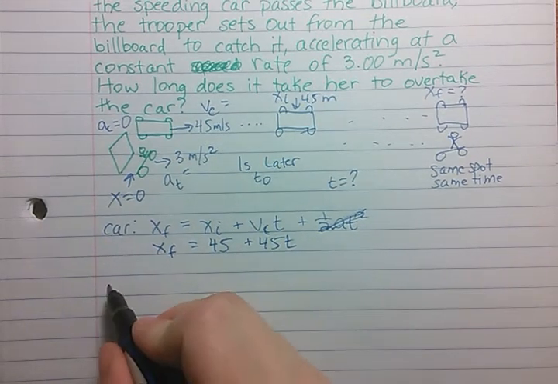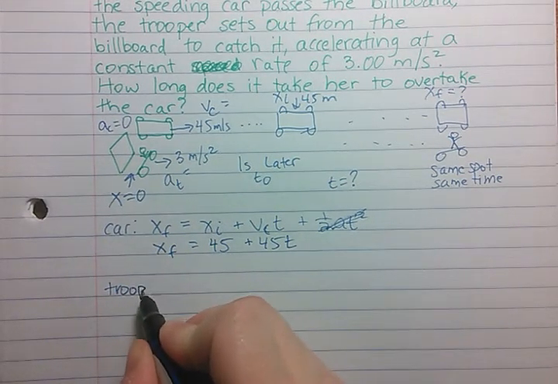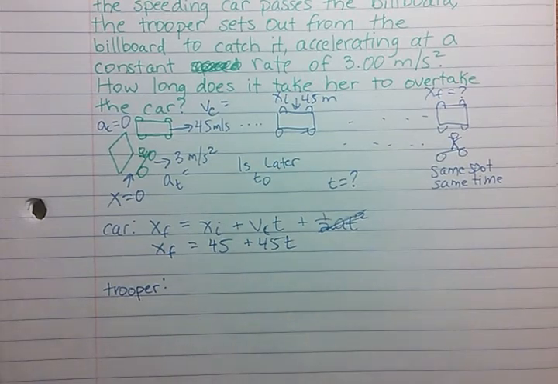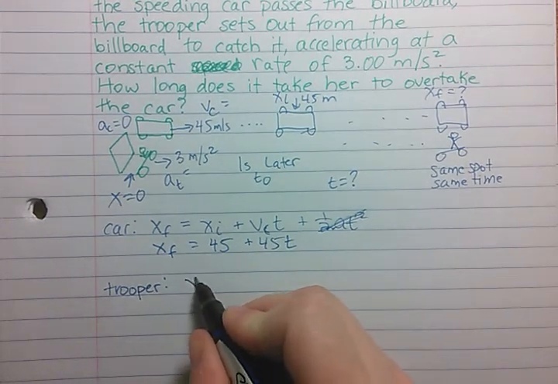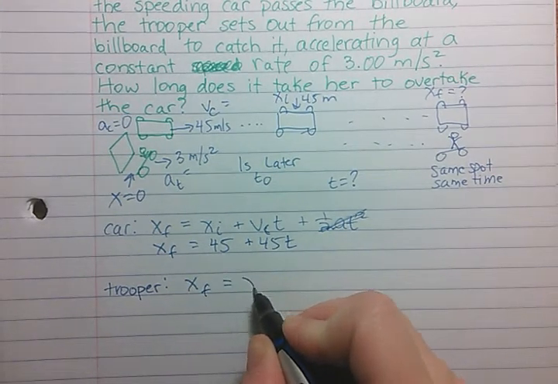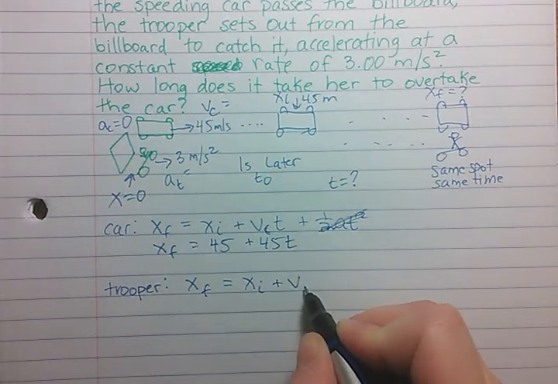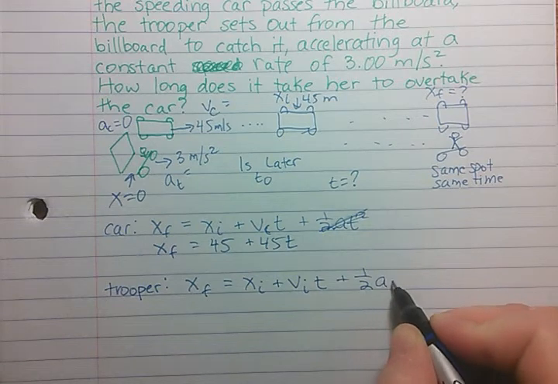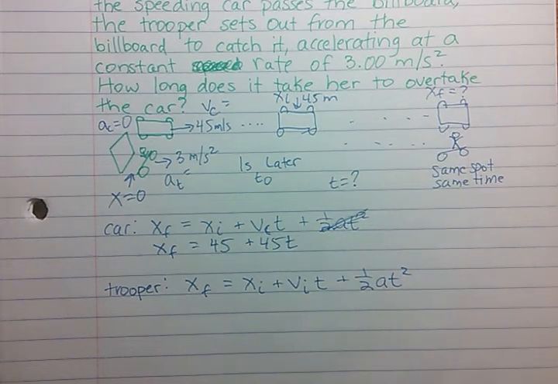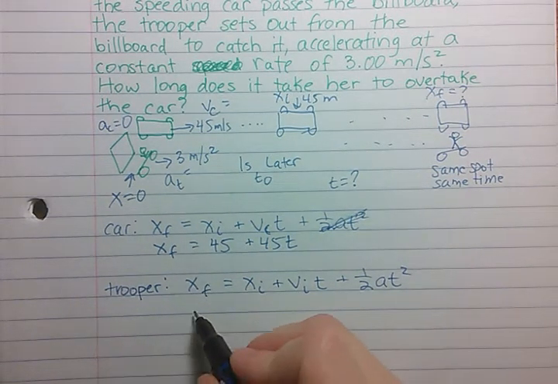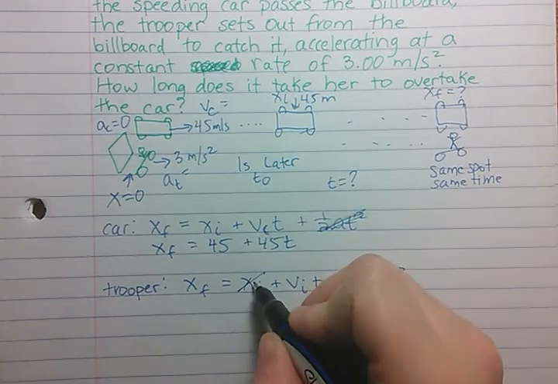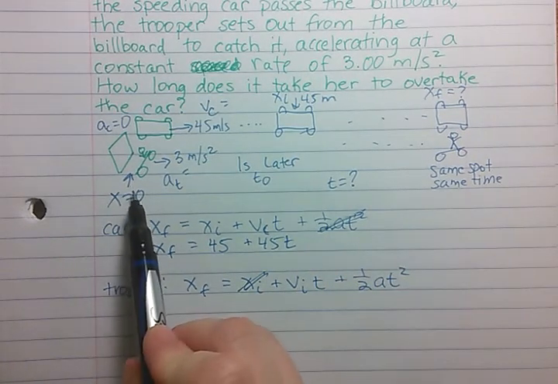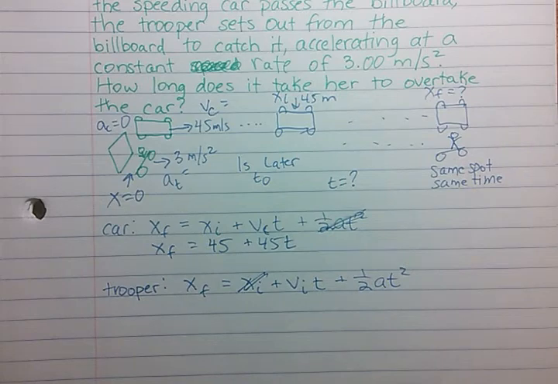Now how about for the trooper? Well, we still want to be using that second kinematic. So for the trooper, this term goes away because its initial position is 0.